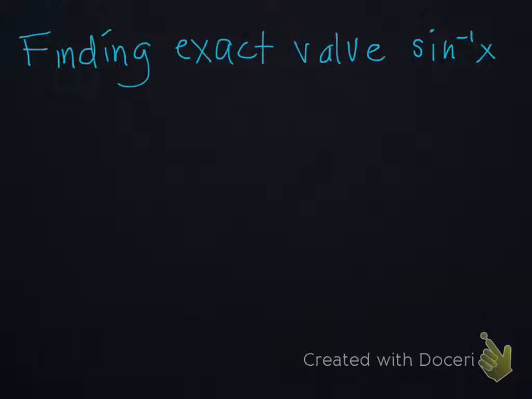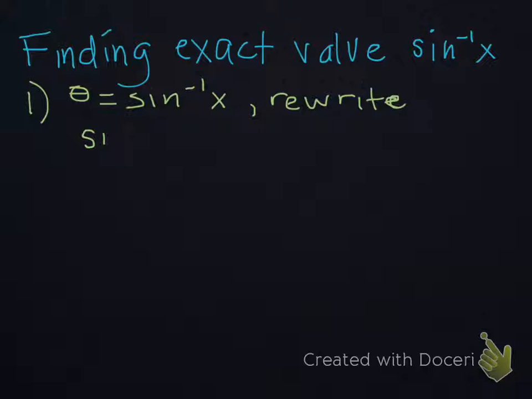The first step is if we have theta equals the inverse of sine of x, we would take this notation and rewrite it as sine of theta equals x. So when you're finding the inverse, you're essentially just trying to determine the value of the angle, or the theta, that was used.